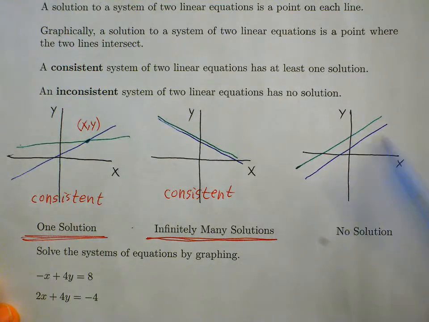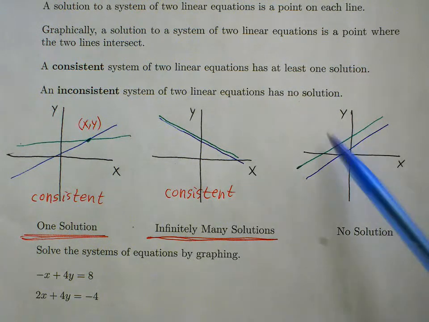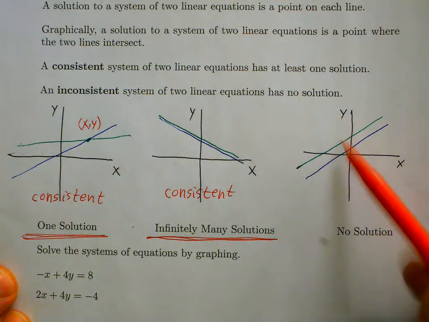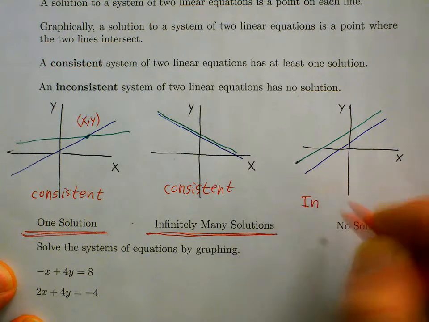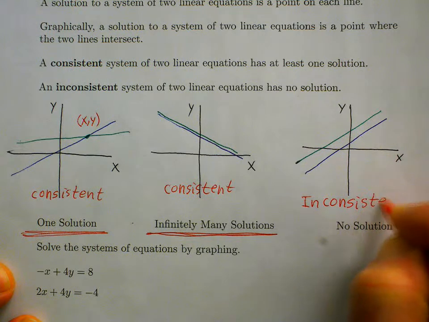So those are supposed to be two parallel lines, so they never intersect. That means the system of those two linear equations has no solution because they do not intersect. And this kind of system is called inconsistent because there's no solution. Inconsistent.